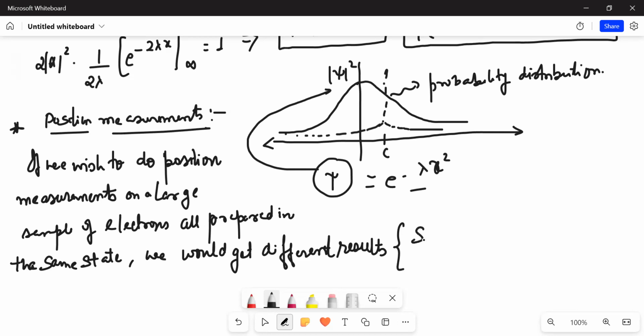Why would we get different results? Because your wave function is also evolving with respect to time, and in space, your wave function psi is a function of both x and t.